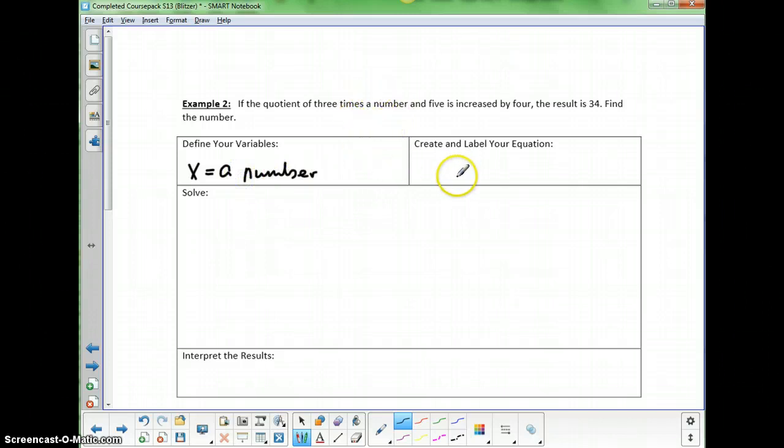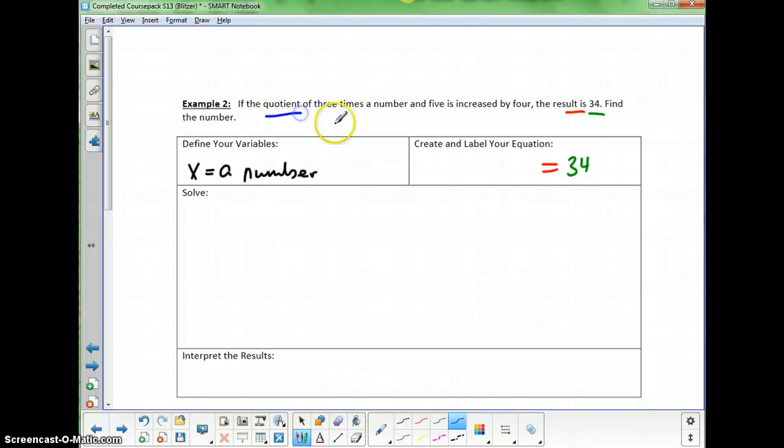Alright, so in my equation, the key words here, I want to look for my equals, and the result is, it's a good spot for the equals to be, so the result is 34. Alright, so I know one side of the equation already. Let's look for the other side.